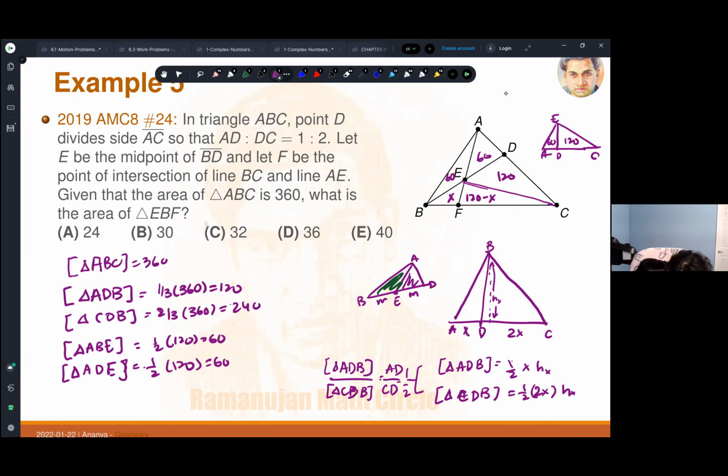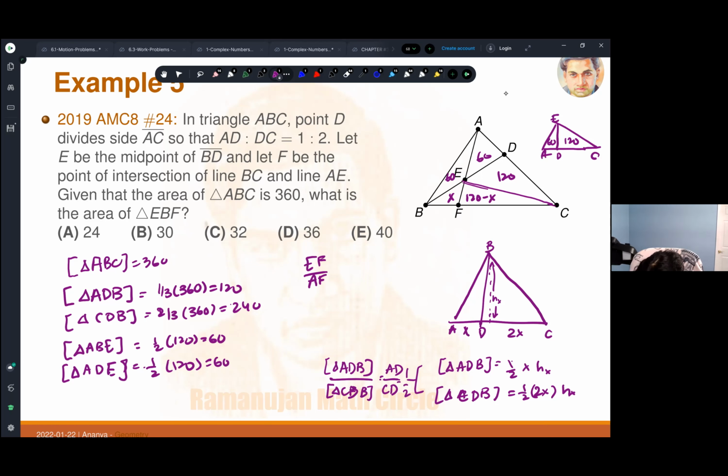Now let's try to use our area ratios to get a system of equations. So first off, I think we can look at, I guess, let's think. So we can look at EF over AF, right?